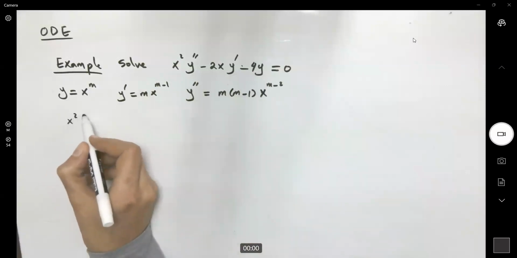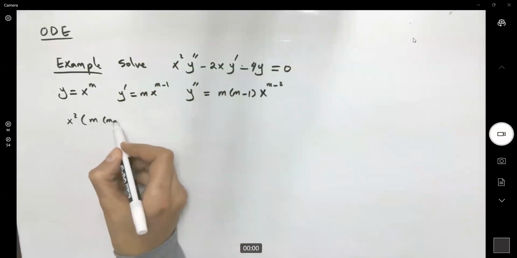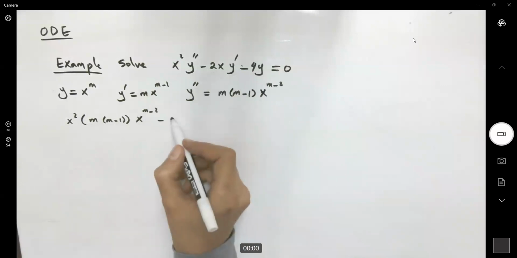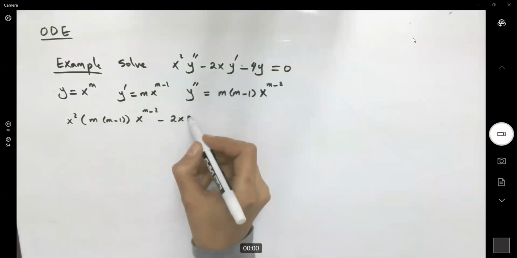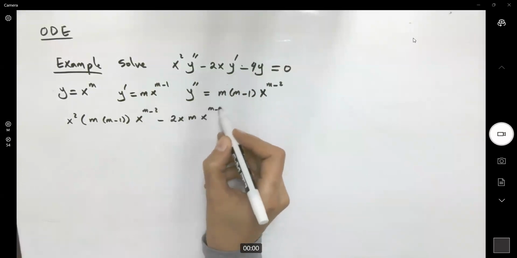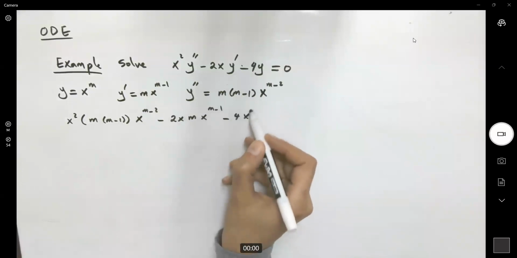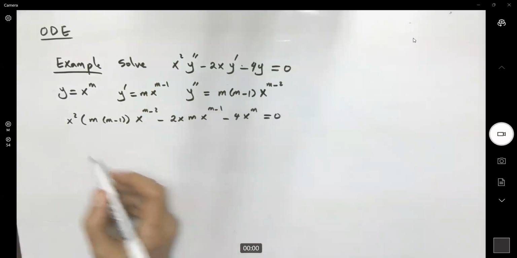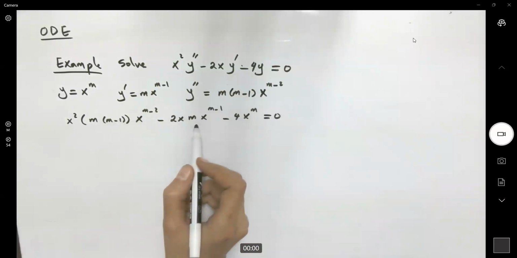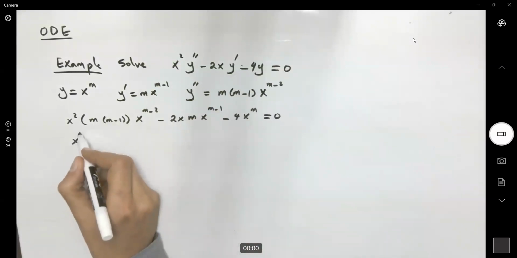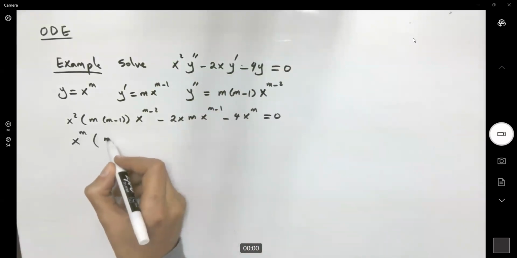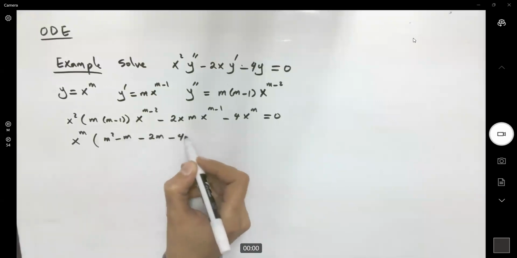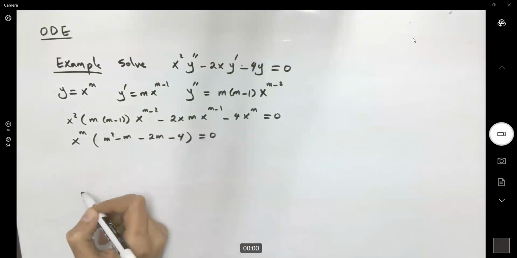We get x^2 times m(m-1) x^(m-2), minus 2x times y prime, which is m x^(m-1), minus 4 x^m equals 0. As you can see, you can factor out x^m, and we end up with m^2 - m - 2m - 4 equals 0.